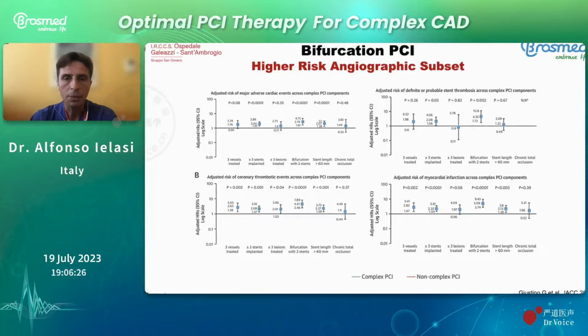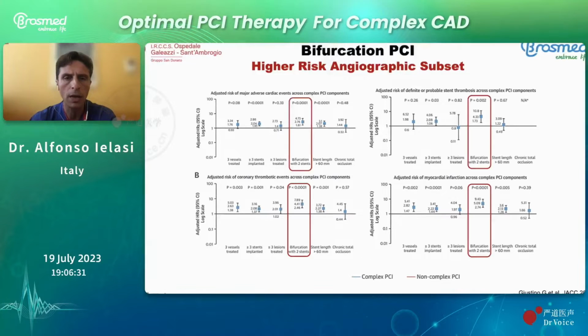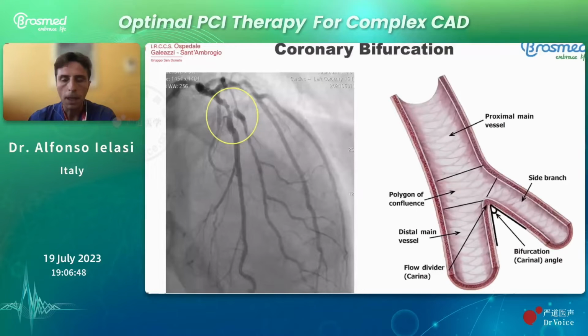Looking at the different subsets of complex PCI, bifurcation PCI is the one associated with the highest risk of adverse cardiac events. So we must make every effort to optimize the bifurcation PCI procedure to reduce ischemic events at immediate and long-term follow-up. Coronary bifurcation lesions must be considered as a vessel functional structure composed of 3 segments: the proximal main vessel, the distal main vessel, and the side branch.